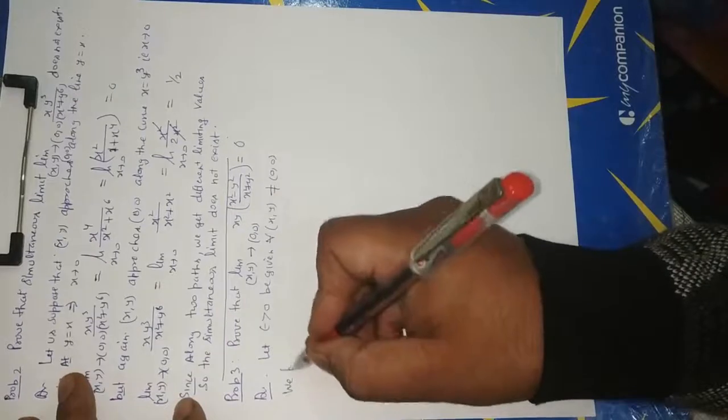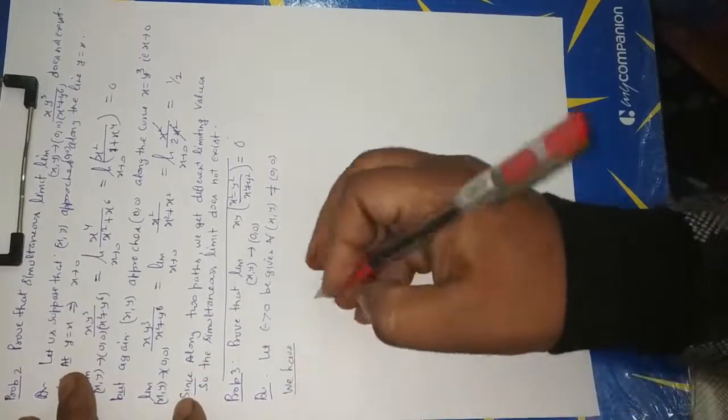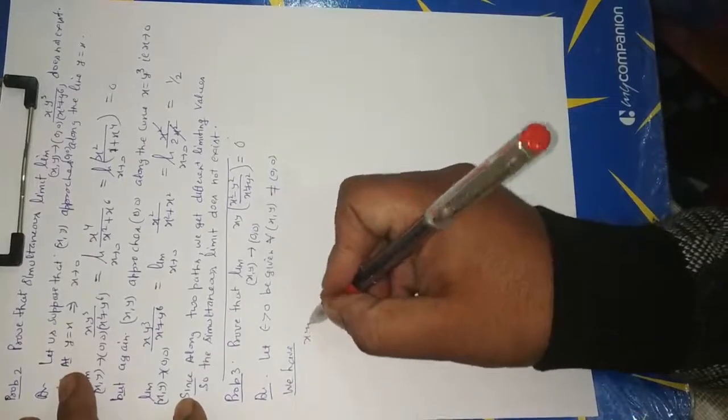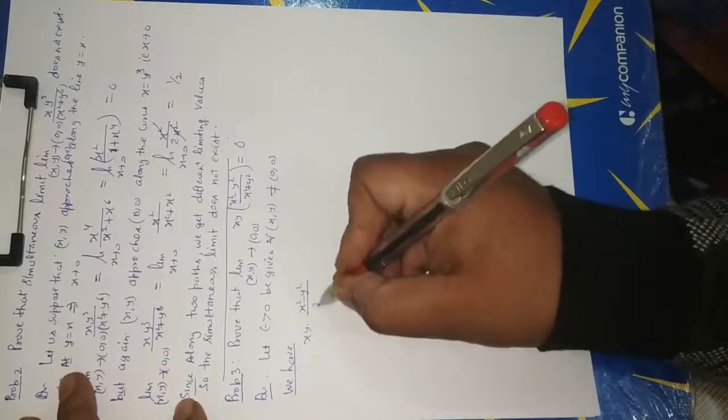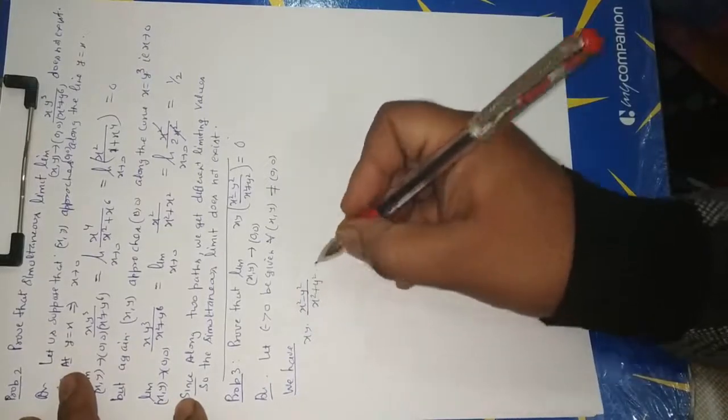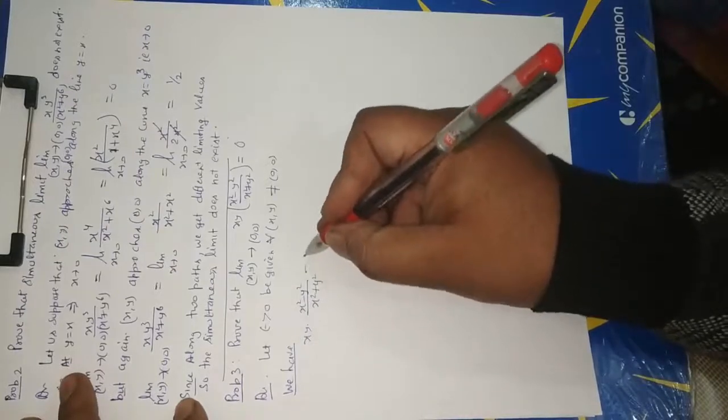Now we have the modulus of xy(x² minus y²) upon x² plus y² minus 0.